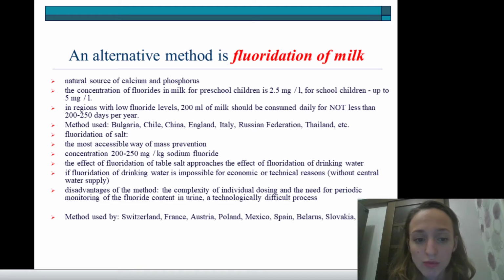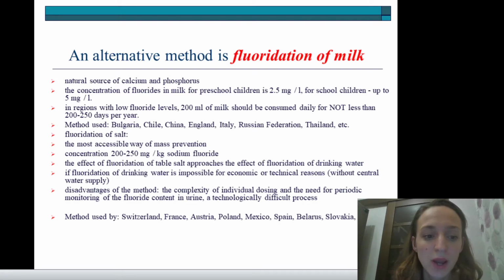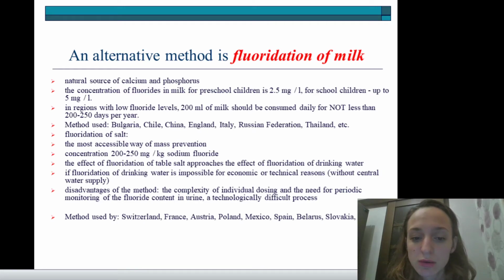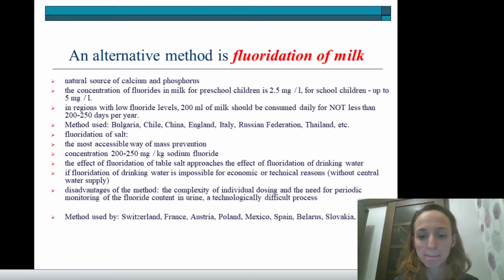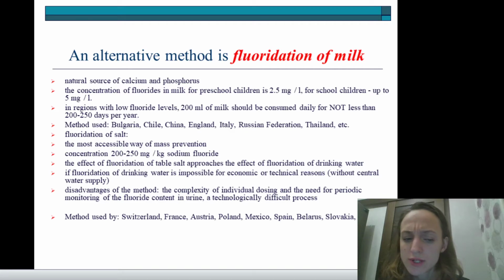The concentration of fluorides in milk for preschool children is 2.5 milligrams, for school children up to 5 milligrams, and in a region with low fluoride level, 200 milliliters of milk should be consumed daily for not less than 200 to 250 days a year. The method is used in many countries, and you should also know about fluoridation of salt.